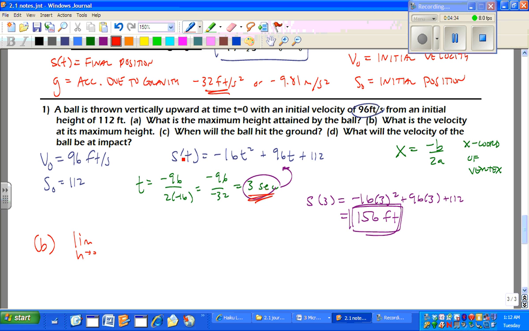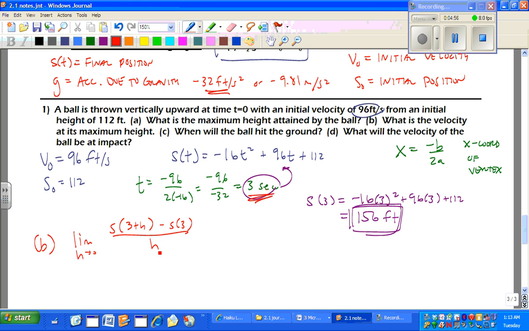So in this case, we're dealing with the change in position. So s of, instead of f of, we're dealing with this function, s of 3 plus h minus s of 3 all over h. So we'd just be putting 3 plus h in place of t, putting 3 in here to figure this out.